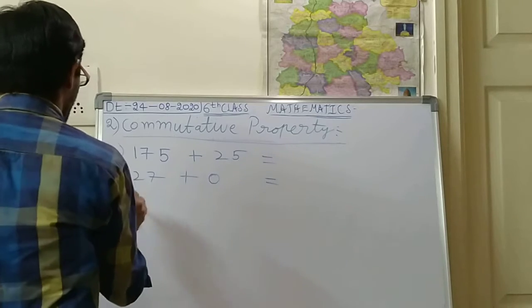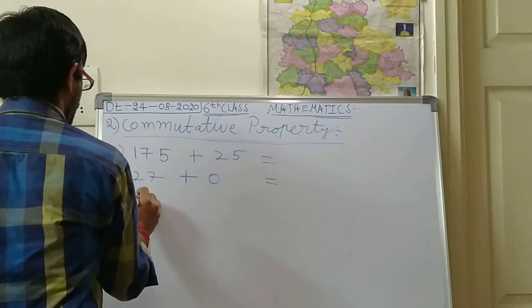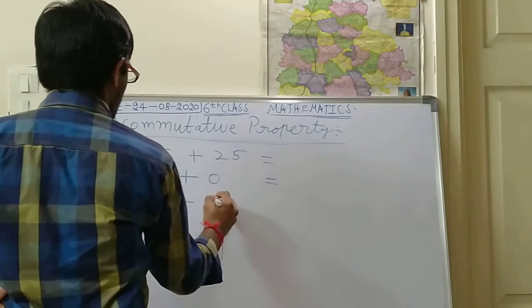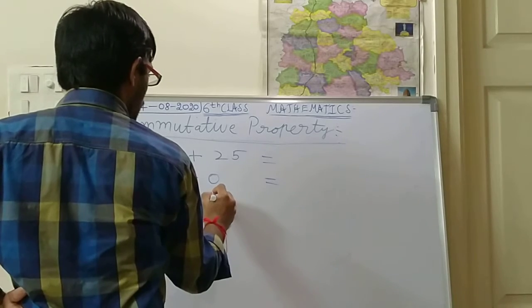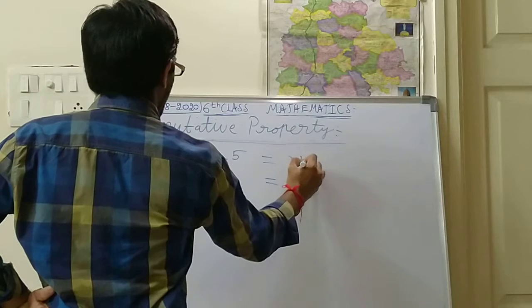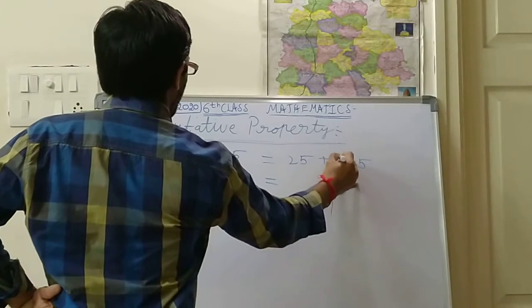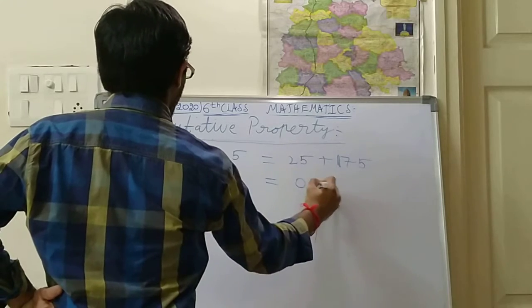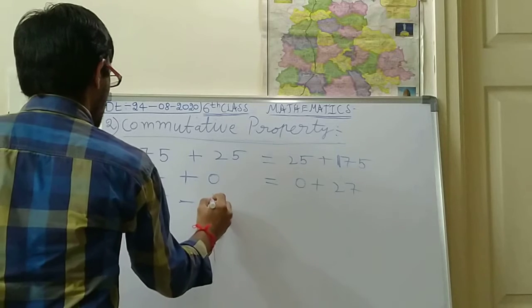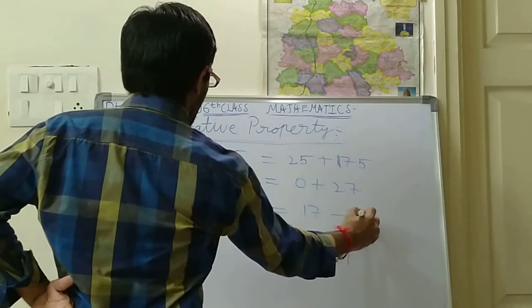Next, C: 35 minus 17 is equal to 17 minus 35.